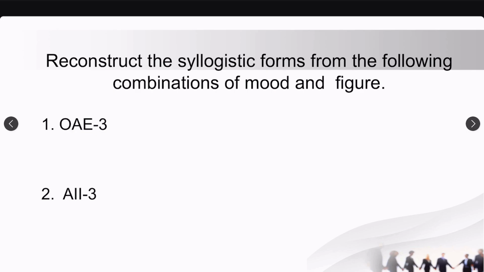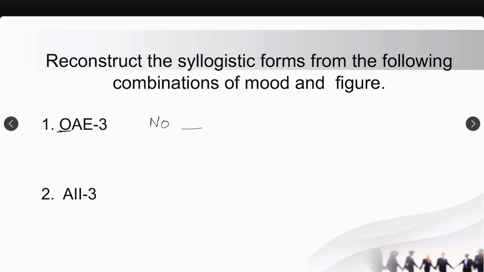Let's move to the next exercise. So again in this particular case we have to reconstruct the syllogistic form from the following combination of moods and figures. The moods and figure are already given, now what you have to do is you have to formulate the syllogistic form. So again you know O proposition comes as no S, so no comes, right?